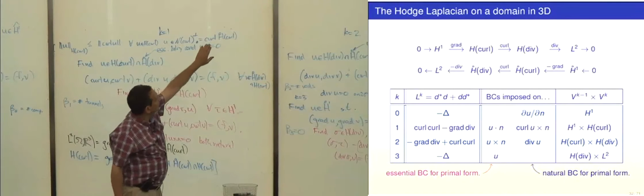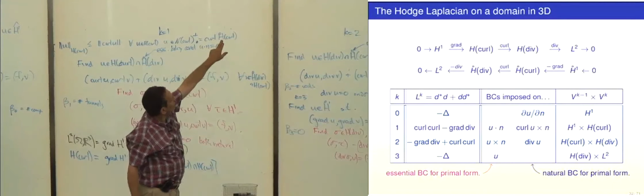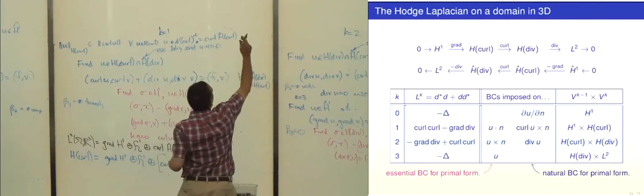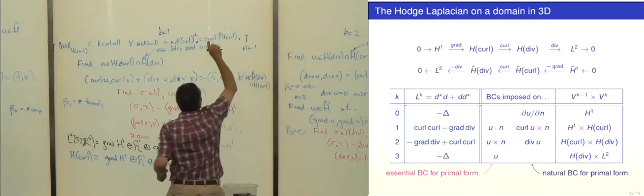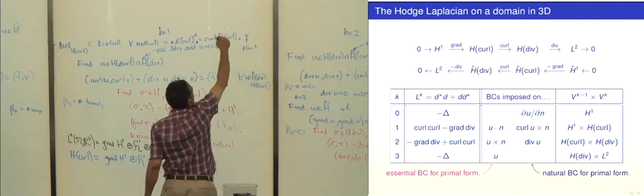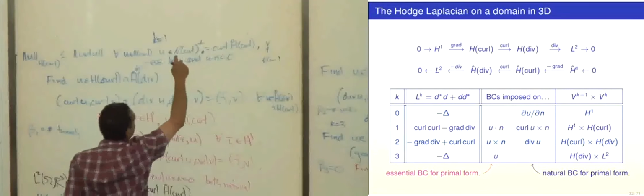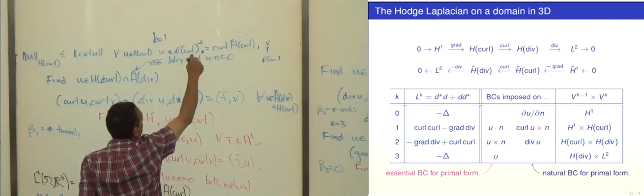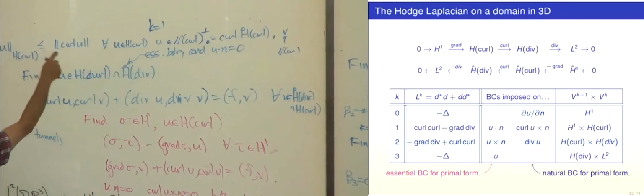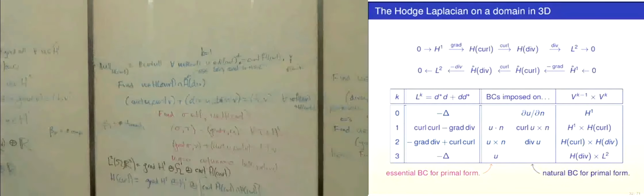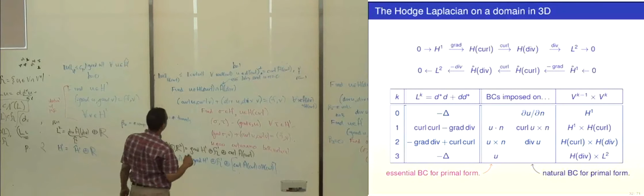Sorry. If U is in curl of H0 curl, then if I integrate this against something in the null space of curl, I integrate the curl by parts, I get 0. The boundary conditions here let me do that. So if U is in the orthogonal complement of the null space of curl, and curl U is in L2, then U is bounded by curl U.